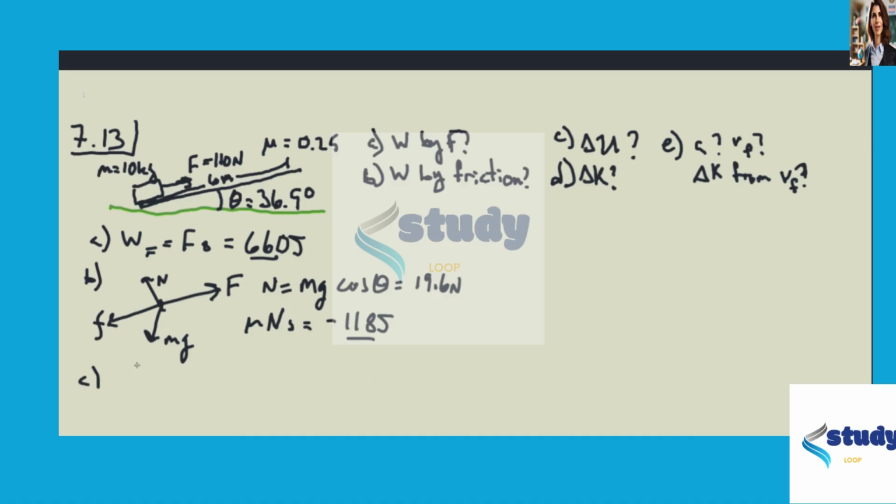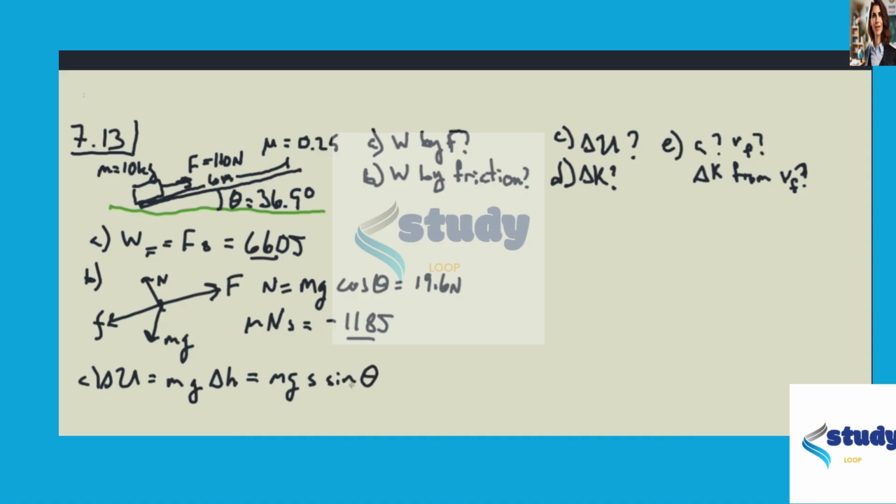Now the change in potential energy just comes from the change in height. So mg delta h, let's call its starting height 0. And then this would be mgs sine of theta.